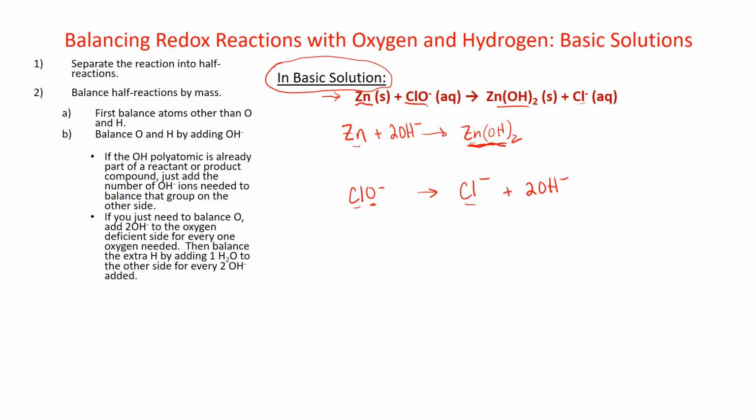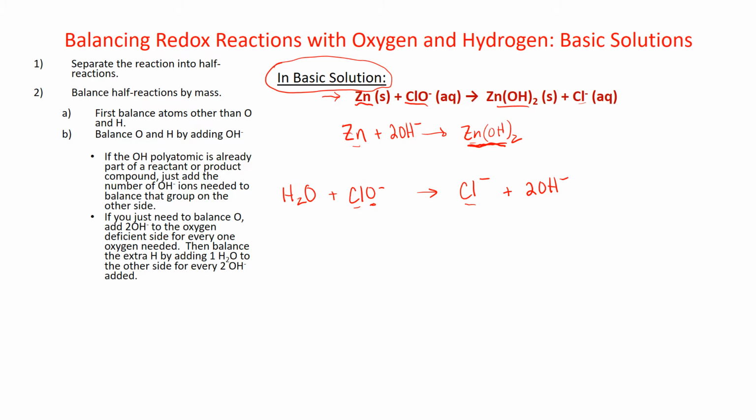And so that's what I have to add. And if I add 1 H2O, well, it contains 2 hydrogens. So I am going to take care of the extra oxygen that we added, as well as those 2 hydrogens, simply by adding H2O to the other side.